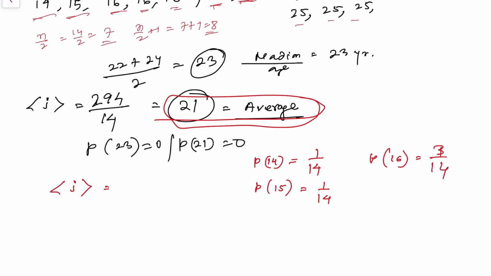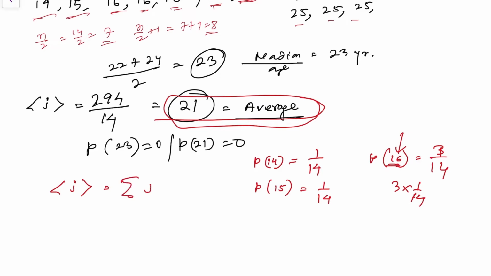Here 3 by 14 means 3 into 1 by 14, because the frequency of 16, the number of times 16 occurs, is 3. So in general, if you add all those probabilities, then you will get the average.